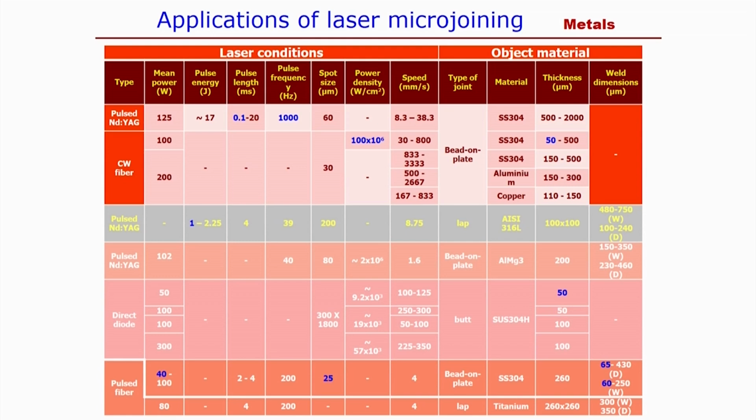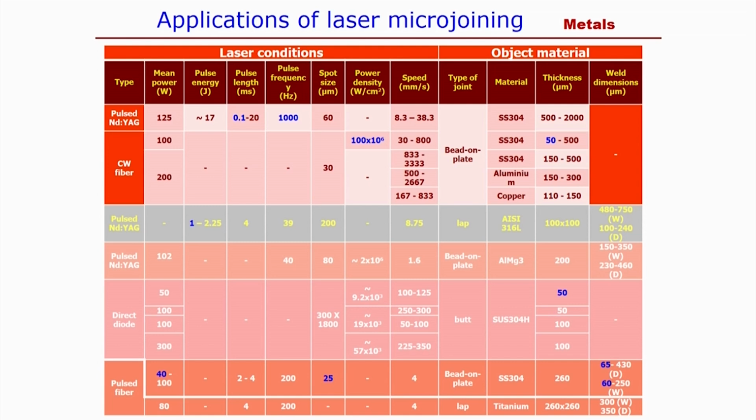If you see from the tabulated form, the minimum mean power is around 40-50 watt, but the maximum from this table is around 300 watt. Pulse energy varies; in one case it is 1 joule, in another case maybe 17 joule. Pulse length also varies, 0.1 to 20 millisecond, in other cases 2 to 4 millisecond or maybe 4 millisecond.